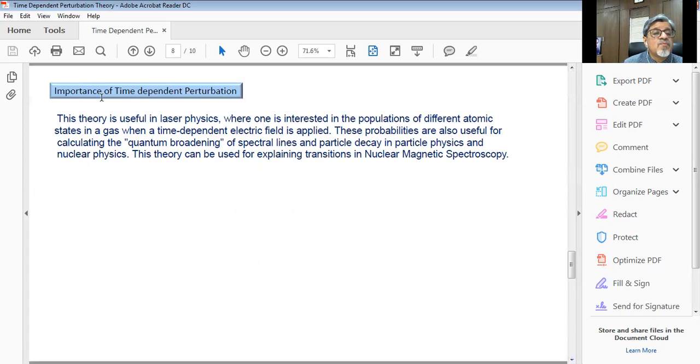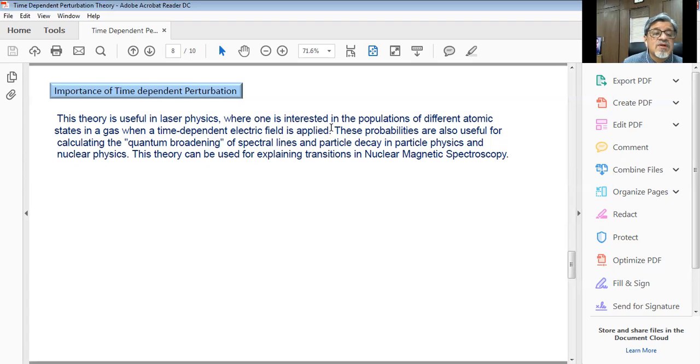Now we come to the importance of time-dependent perturbation theory. This theory is useful in laser physics, where one is interested in the population of different atomic states in a gas when a time-dependent electric field is applied.